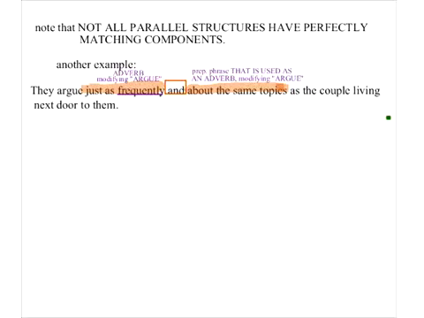Okay. Another test for parallelism, though, with and. If you have and or, then the parallel structures should still make sense by themselves.